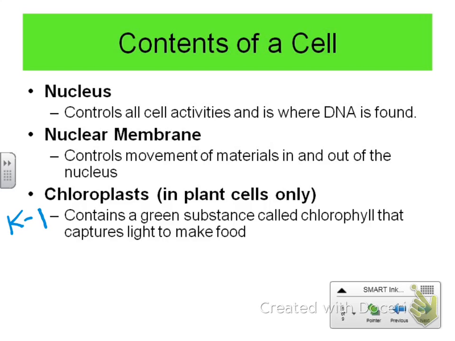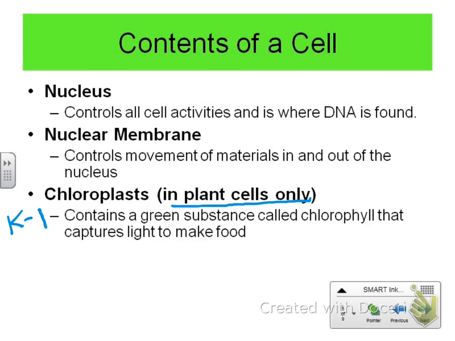Okay, now a couple of things I'd like you to try to add in there. Okay, number 1, you'll notice that it's in what? It is in plant cells only. So you want to write that down or jot that down. Okay, and you should be able to see that in your pictures on page 226. Okay, you see those green little things.